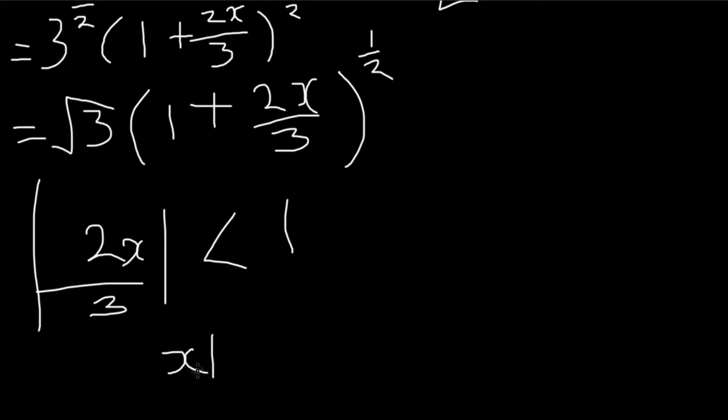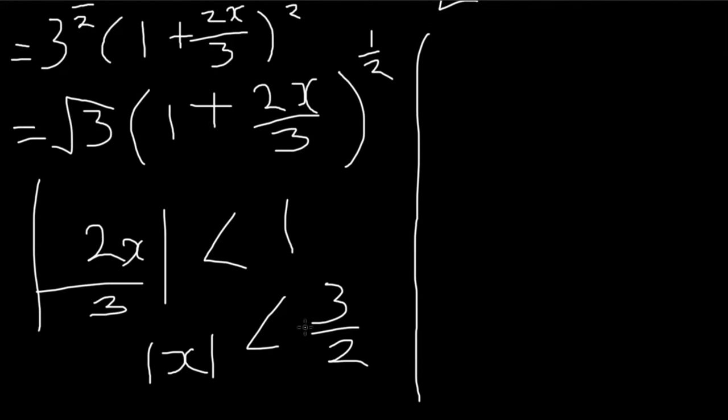So meaning you're going to remain with something like this. The absolute value of x is less than 3 over 2. So when you have something like this, you can now say the answer will be negative 3 over 2.